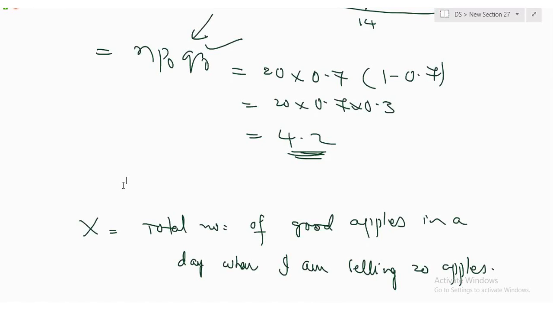So x can take only 0 to 20. But in the case of 1 year, how many? 365 into 20 is the maximum number of apples, good apples possible. There may be 0 good apples also. So 0 to 365 into 20 good apples. Not good apples, apples. Total number of apples. This is a possibility. So when the x values change, the distribution is also going to change. So that is a different binomial random variable.